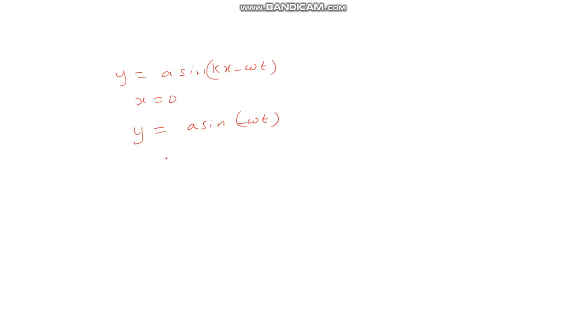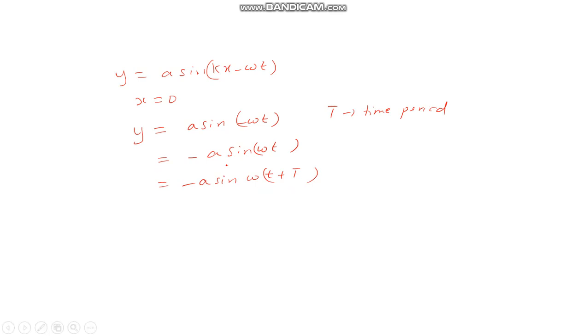Sine of a negative number becomes minus a sine omega t. So can we write this equation as minus a sine omega into t plus capital T? What is this capital T? Capital T is time period, and time period is the time taken to complete one full cycle.